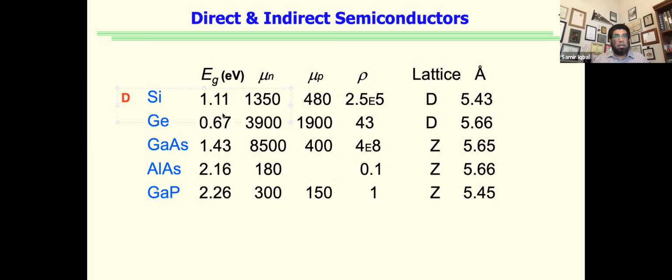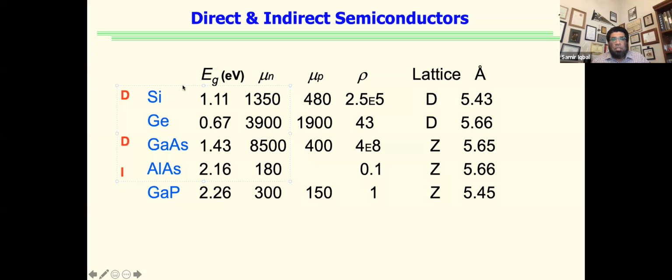This is direct, gallium arsenide is direct. This is indirect. So different materials have different properties when it comes to their band alignment.